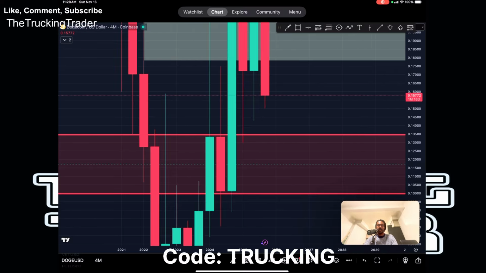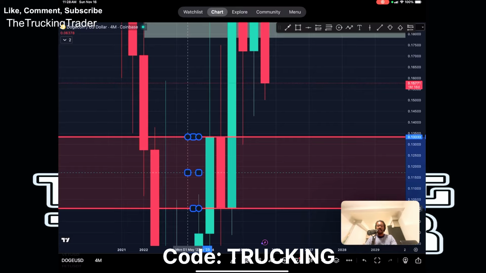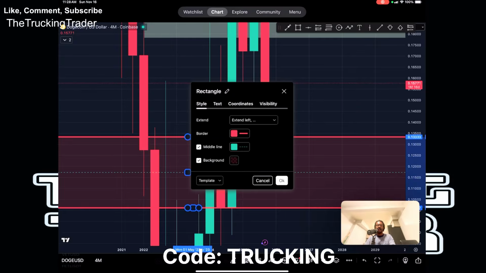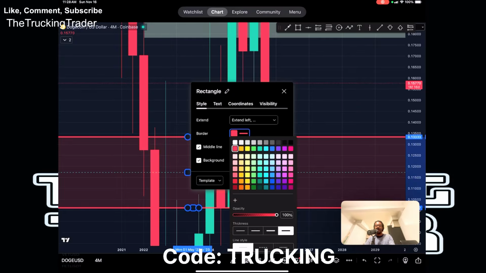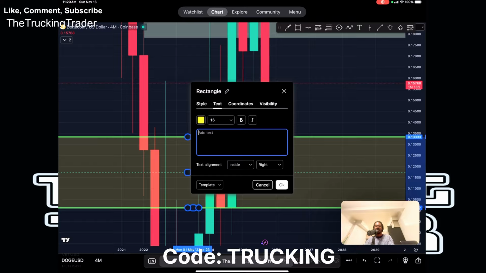All right, so if I zoom into here, we do want it to be a little bit closer to the actual candle, so let me zoom in on that. We can change this to green, indicating that we want it to be support, not green in the sense of we want to buy as soon as it touches this zone.